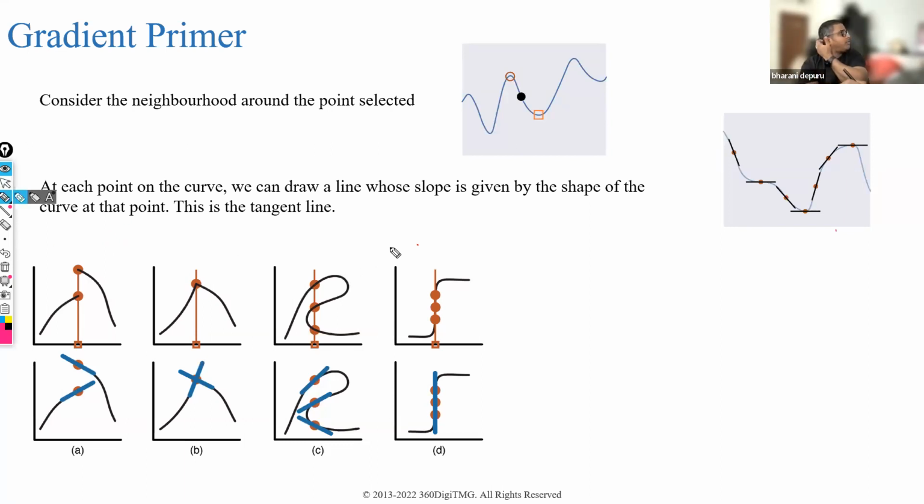Now, if you have discontinuity in the curve, then one curve is saying go in this direction, another curve is saying go in that direction. So which direction should I go? Algorithm will be confused. Hence, the curve should be continuous.